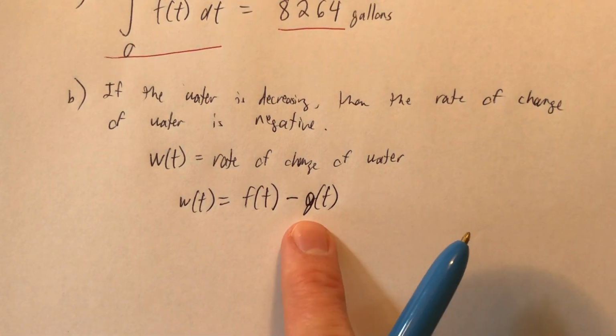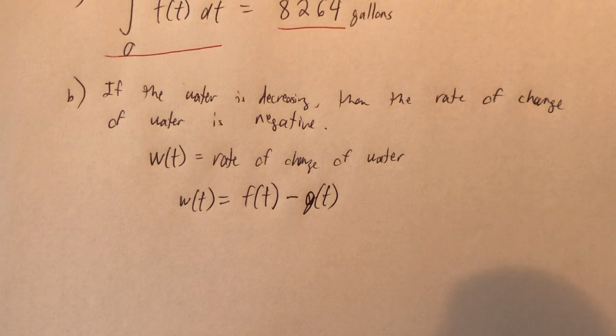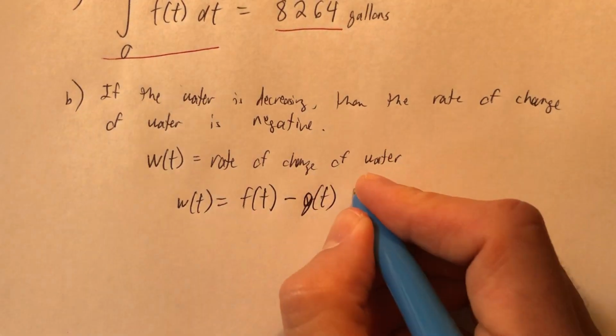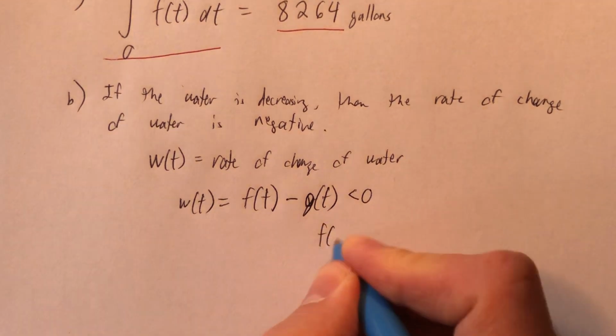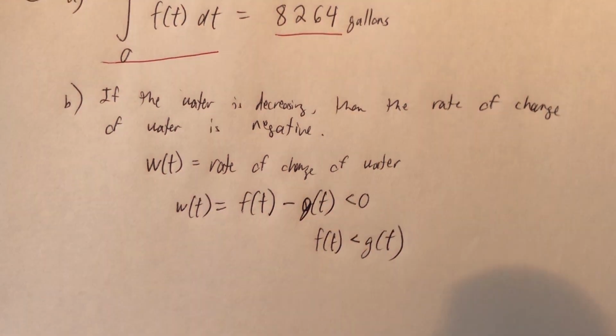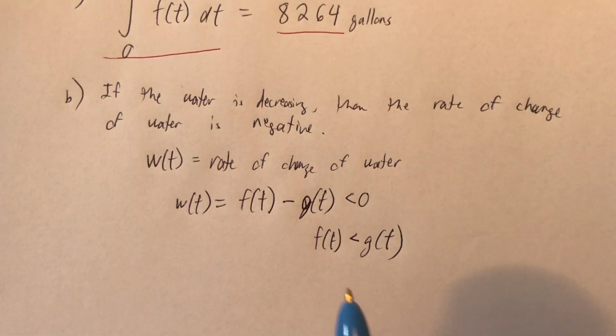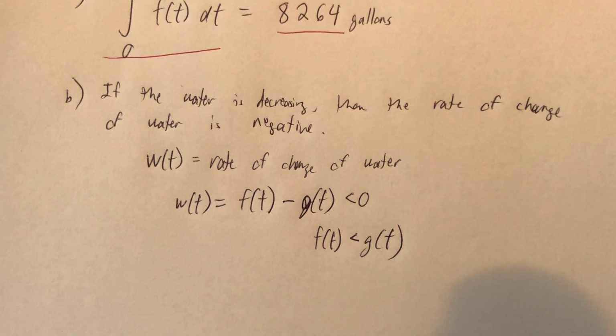Well, I want this to be negative. If this is going to be negative, then I've got to think about what really makes this negative. So if I want that to be negative, then let's move this over. So f of t is going to be less than g of t. I look at that and I think, wait a minute, I have a graph.